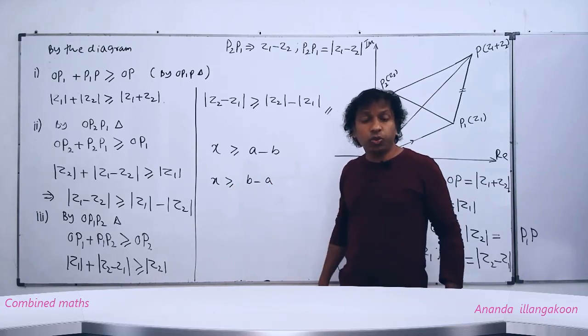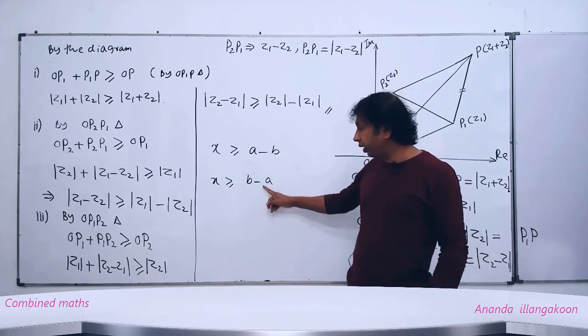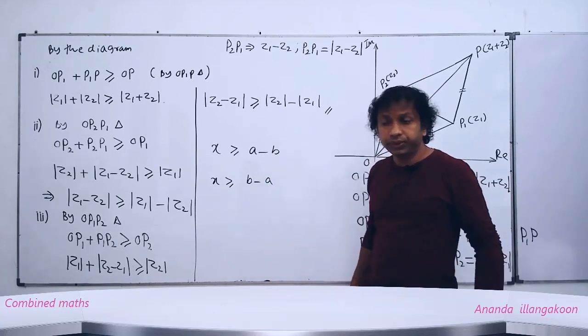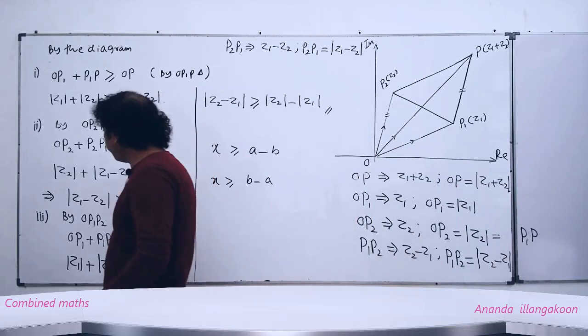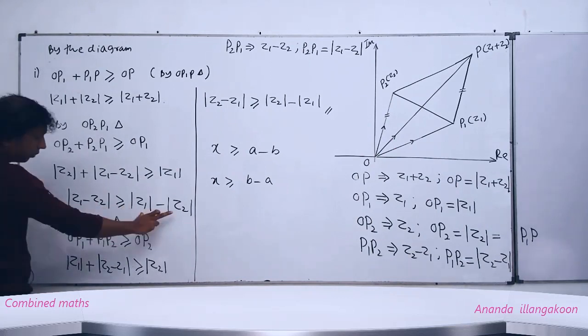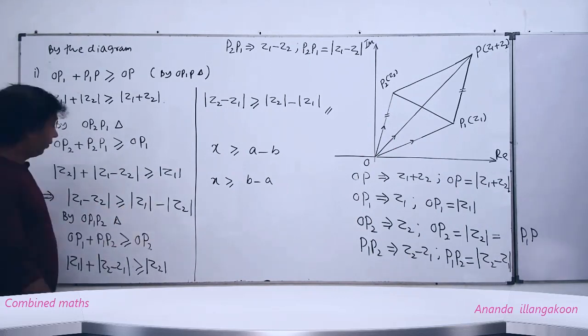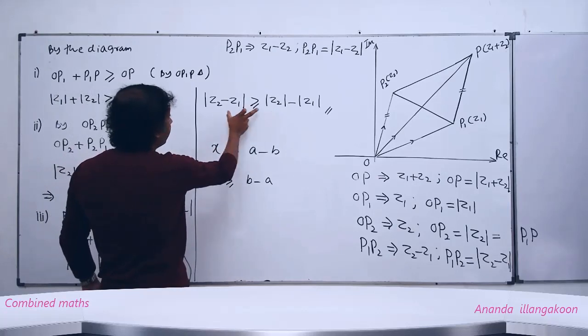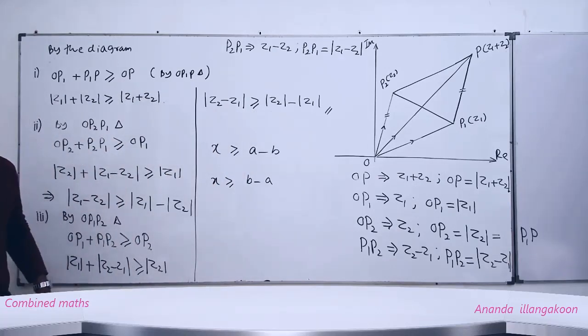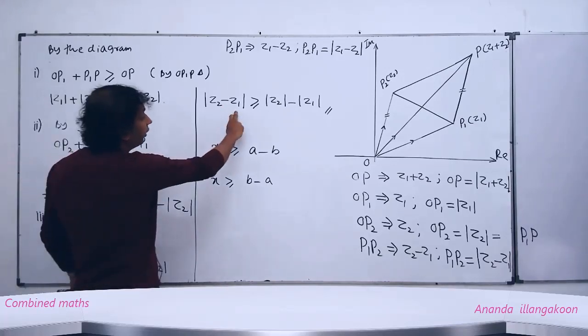To get the bigger value, people, very easily we can take any of these two, take the modulus, then we get the bigger value. So therefore, here in number 2, this is greater than or equal to this difference. This one says the same thing, right? Z2 minus Z1, right? Greater than or equal to this.